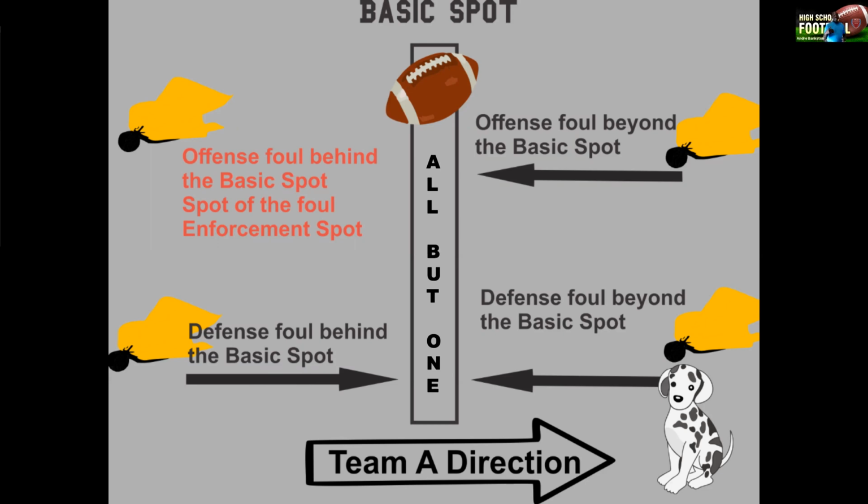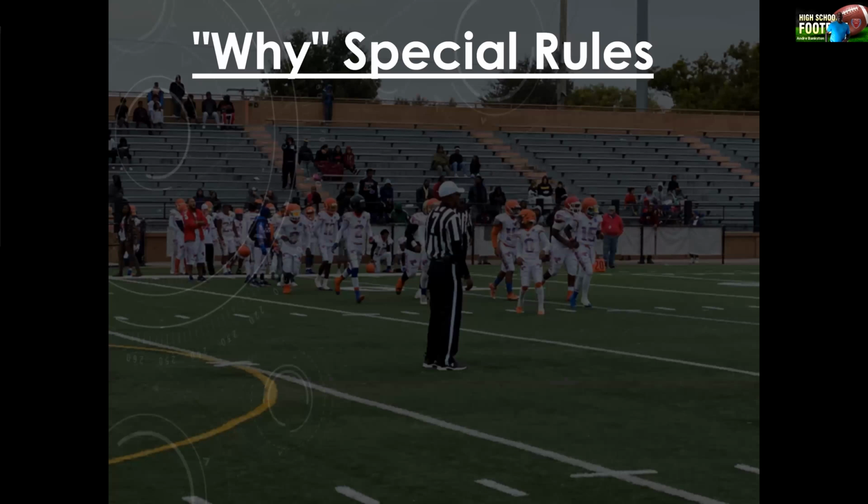If the basic spot is further up than the foul by R, we go to the spot foul. Okay. So if I ask you, what is the all but one principle? It is all fouls are marked from the basic spot except one that's behind the basic spot by offense or by A. All right.